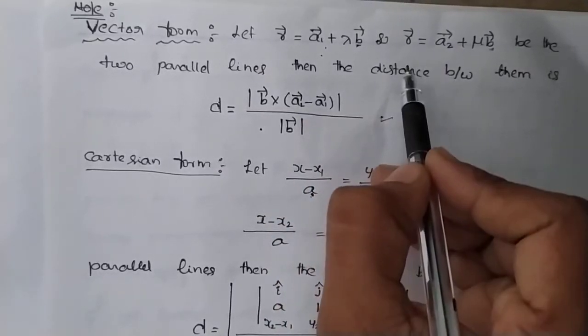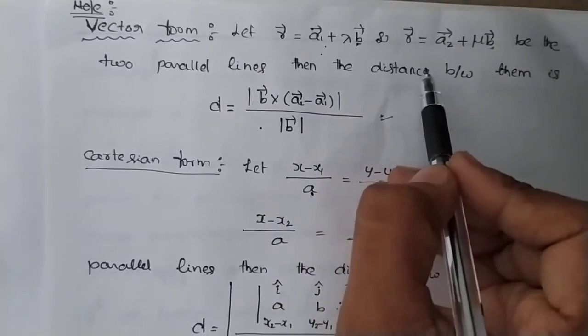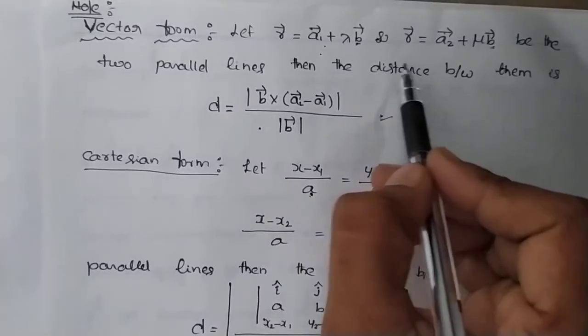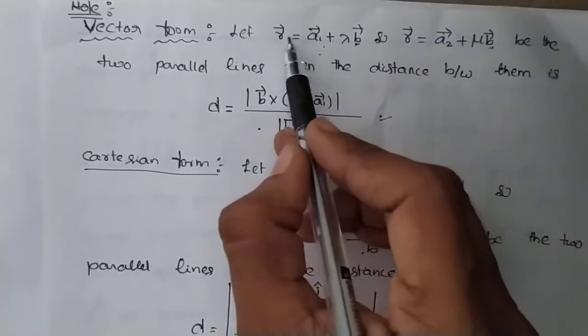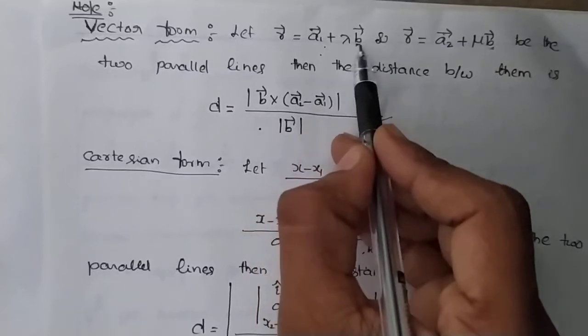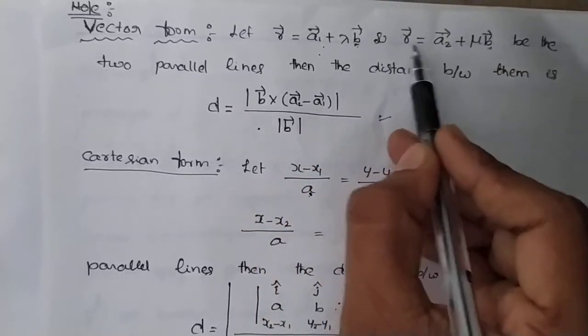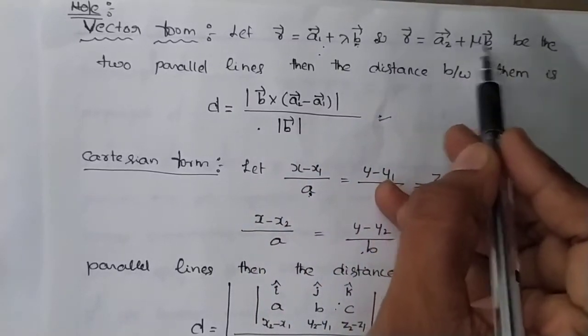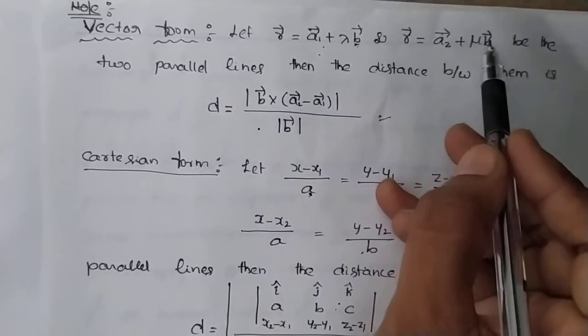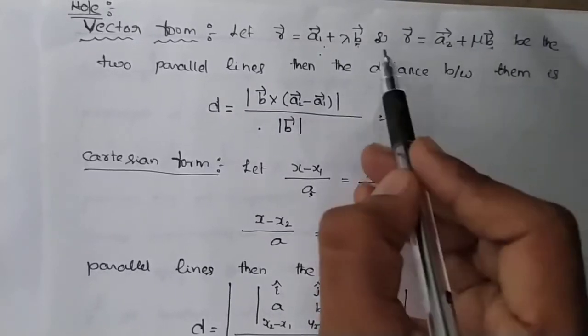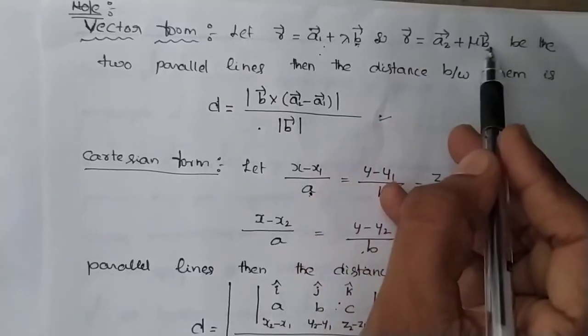If the skew lines are given, then the lines will be different, like r vector equals a1 plus lambda b1 vector and r vector equals a2 vector plus mu b2 vector. If the skew lines are given, then here it will be b1, b2.